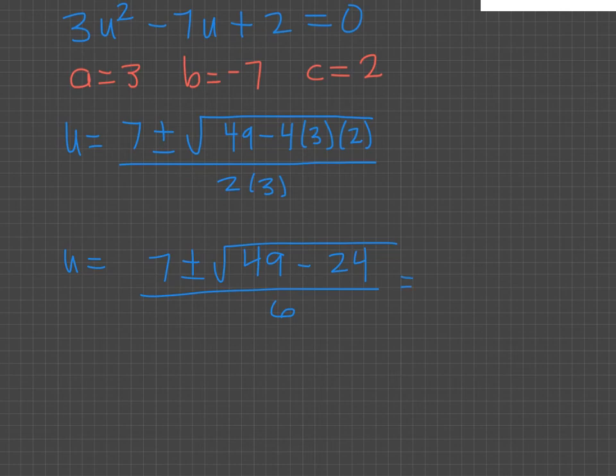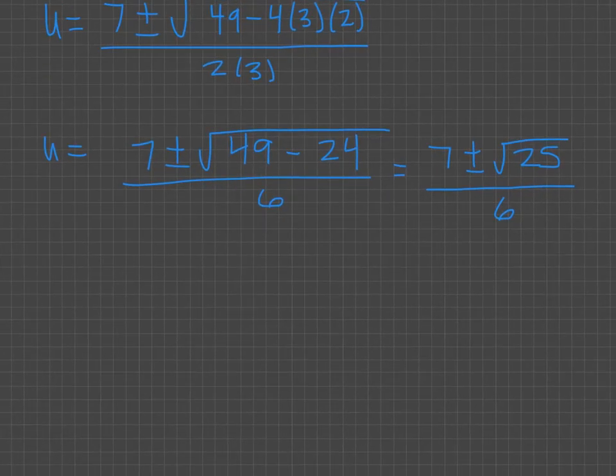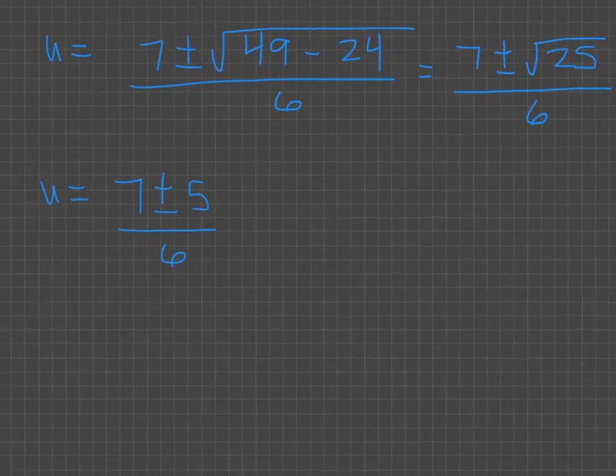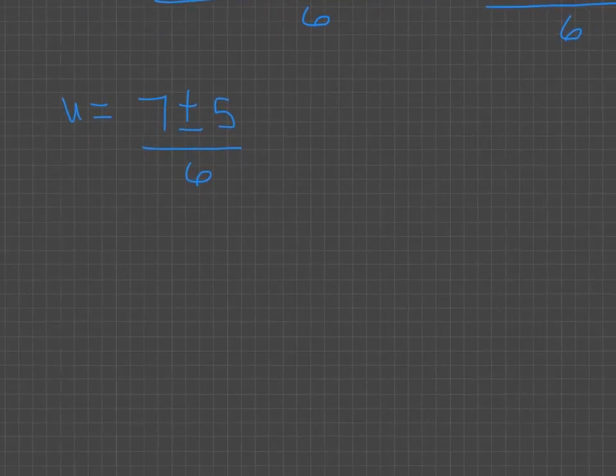So that's going to be 7 plus or minus the square root of 49 minus 24, which is 25. So we have a 25 under the square root. Well, the square root of 25 is this nice perfect square, so this is actually going to turn out really nice for us. We're going to have 7 plus or minus 5 all over 6. Okay, this is two solutions.